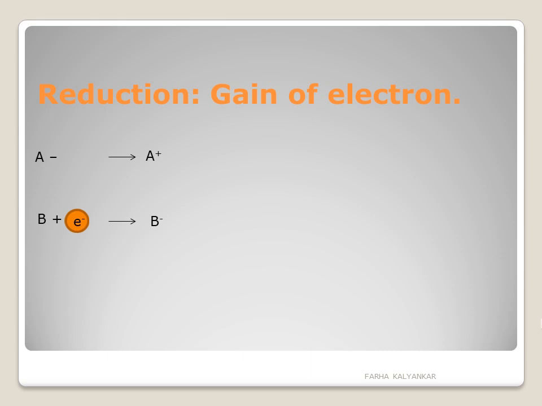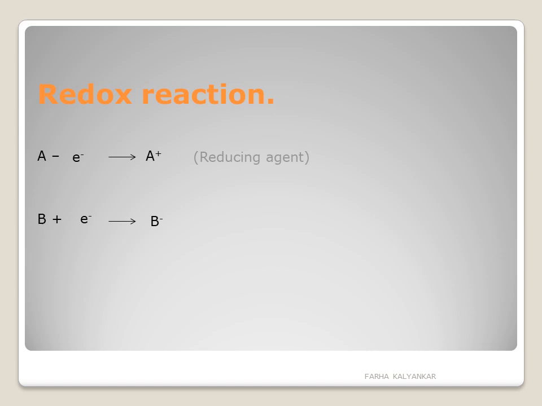Over here, the atom A is the reducing agent, which is helping in the process of reduction by giving up or losing electron, which is gained by atom B. Thus, a redox reaction is a combination of oxidation and reduction with the presence of reducing agent as well as oxidizing agent.